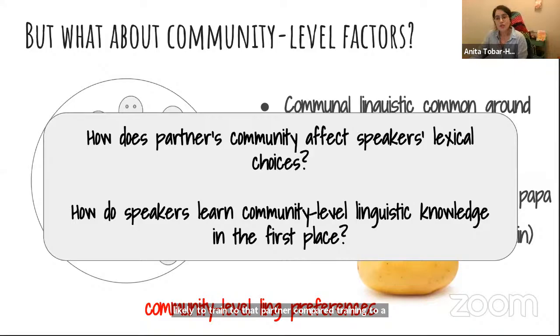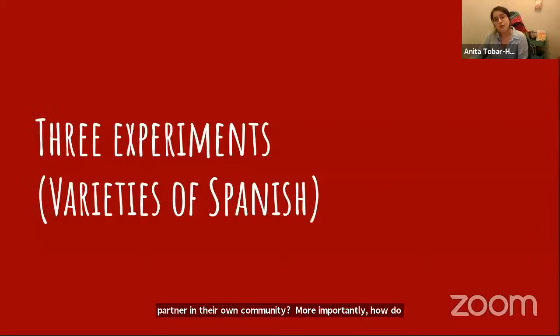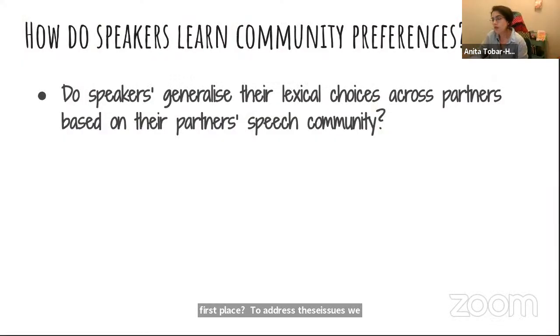So to address these issues, we ran 3 experiments using participants who were native speakers of different varieties of Spanish. What we wanted to know was how speakers learn community preferences during dialogue.